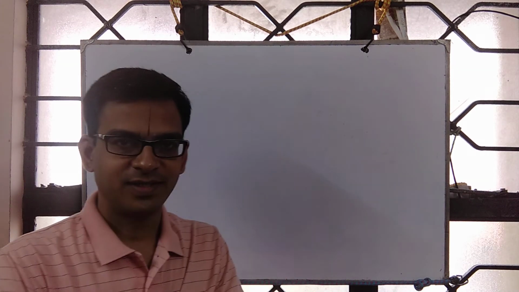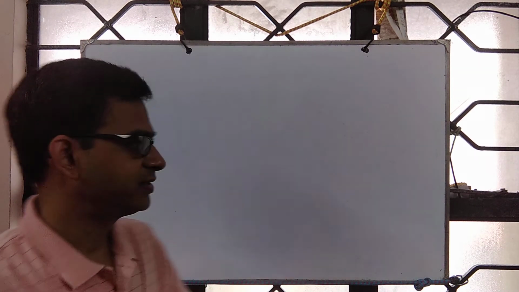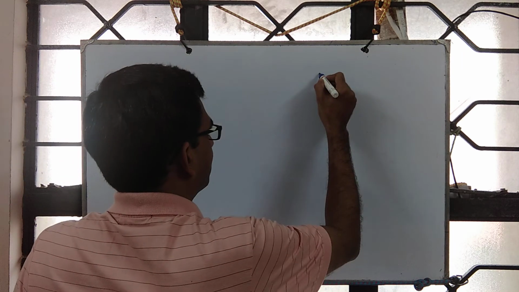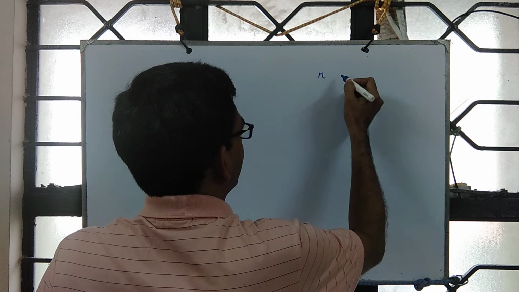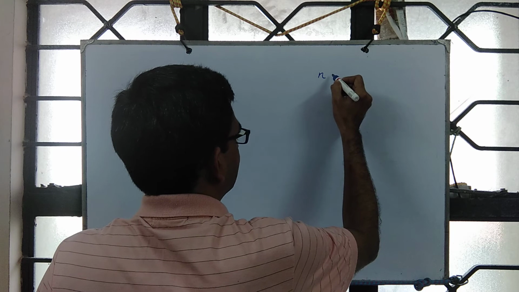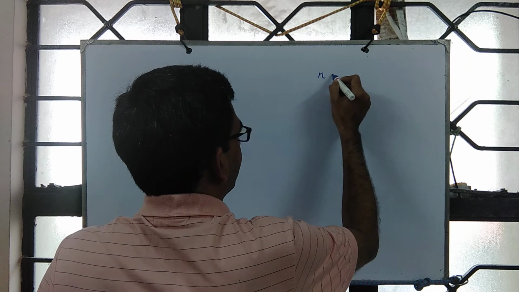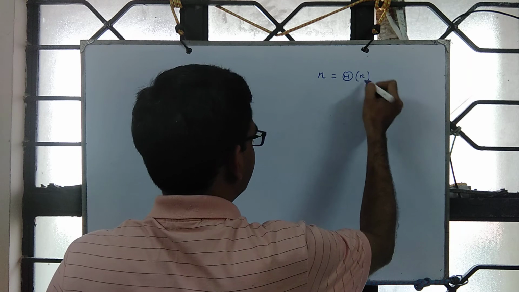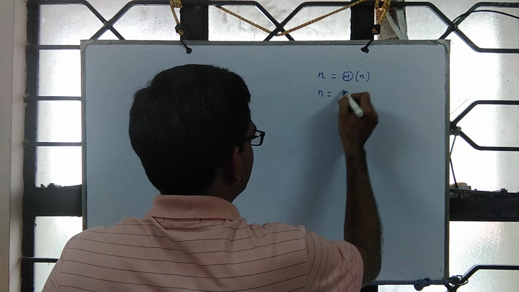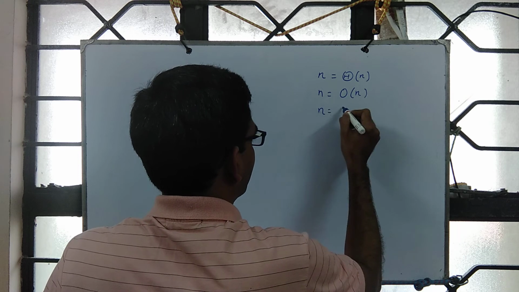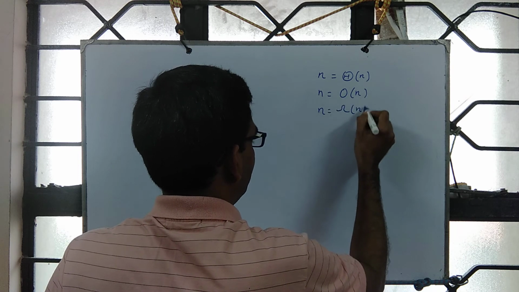We shall continue our discussions on asymptotic notations. If you observe a couple of things with respect to big O, big omega and big theta, for example, n is theta of n, n is order of n, and n is omega of n.